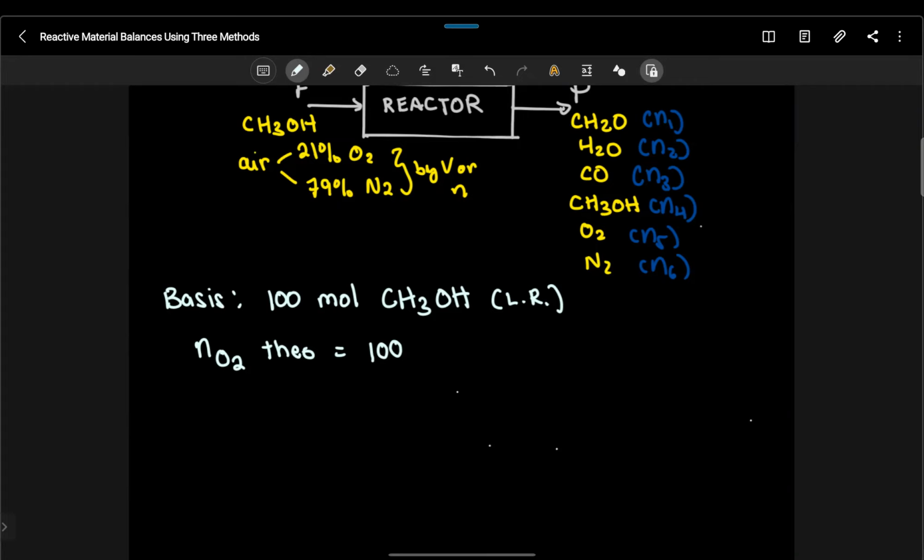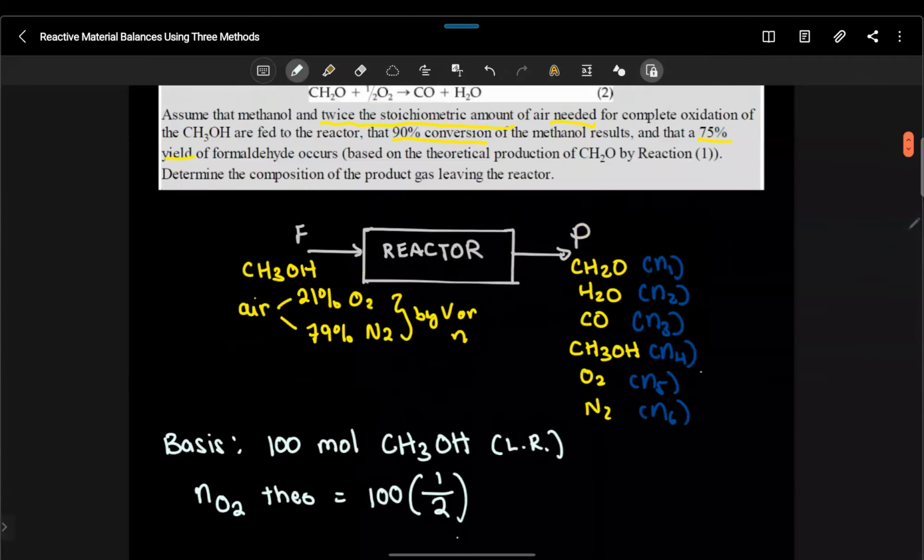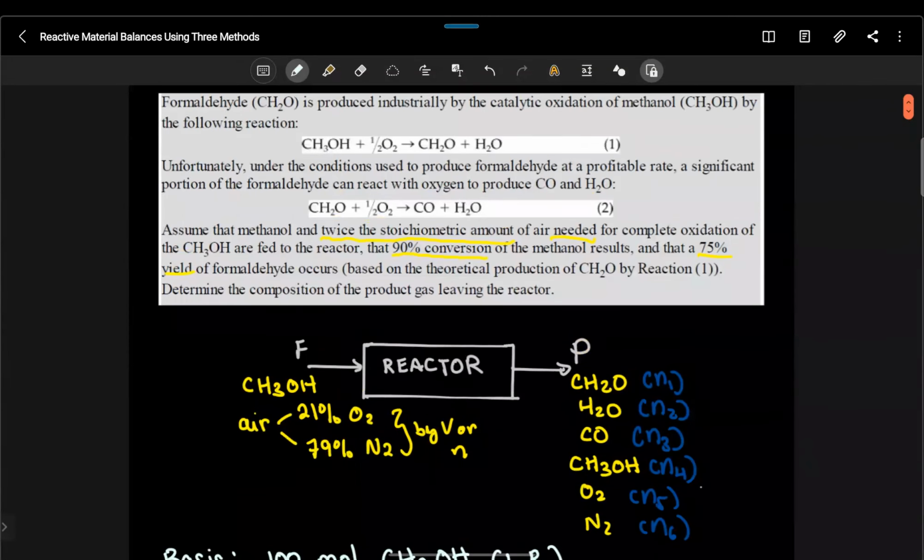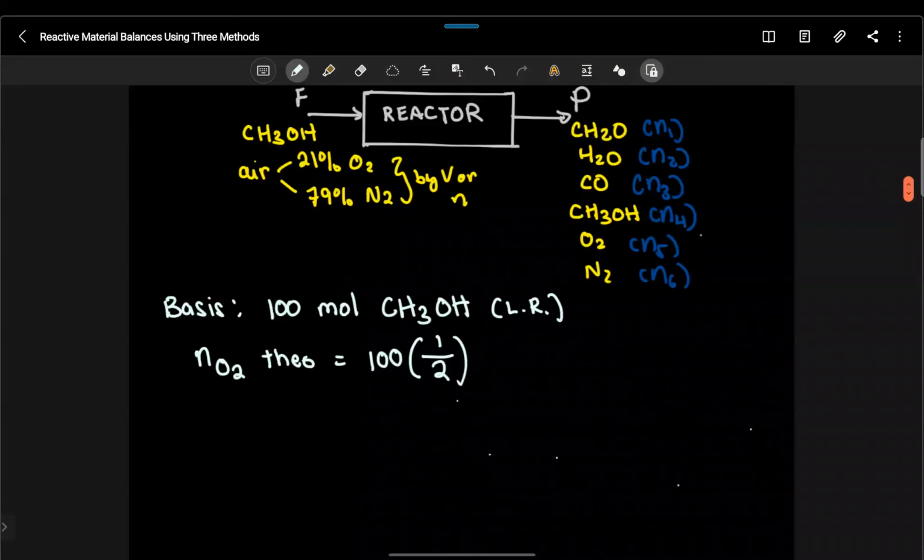So ang stoichiometric relationship kasi nila, for every 2 mole of methanol, 1 mole daw yung kailangan na oxygen. So saan ba siya makita? Dito sa ating reaction. Reaction number 1. Kasi 'di ba, for every 1 mole of methanol, 1/2 daw yung oxygen. So simplifying that, 1:2. Okay? So therefore, 50 moles. Yung theoretical amount ni oxygen na required.